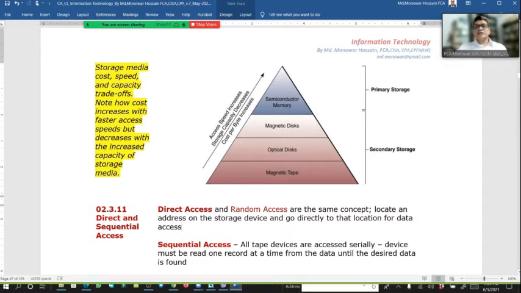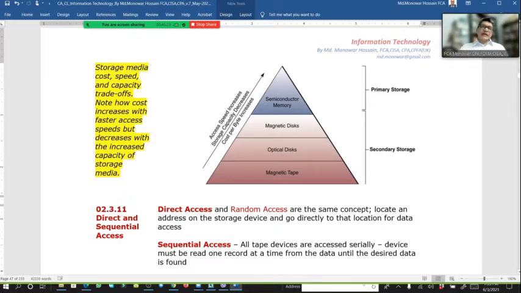Magnetic tape, optical discs, and magnetic discs are all used for secondary storage, and semiconductor memory is used as primary storage within the CPU, the central processing unit. Here access speed increases and storage capacity increases, that means cost per byte increases, etc.